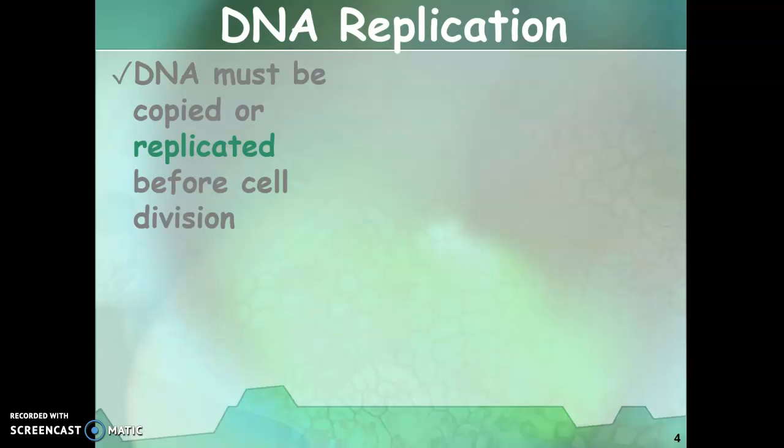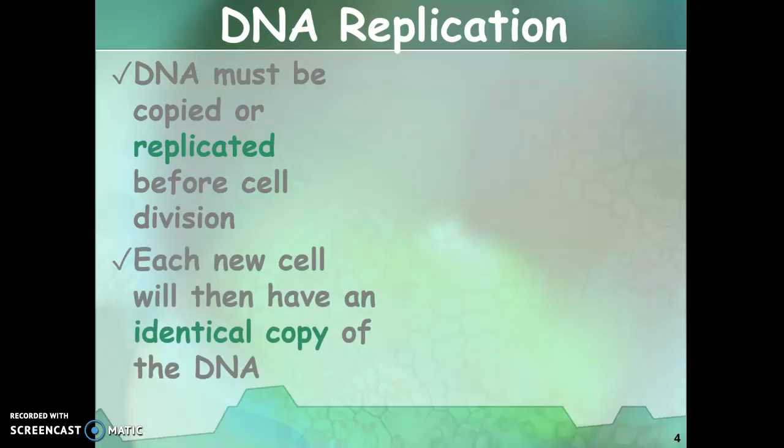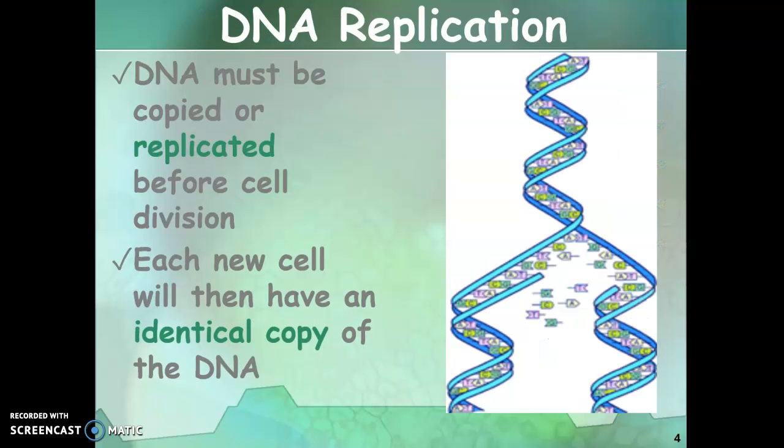To ensure that, DNA must be replicated before cell division. And as you now know, during cell replication, one strand of DNA uncoils, gets separated, and each side is used as a template to add another strand of DNA.